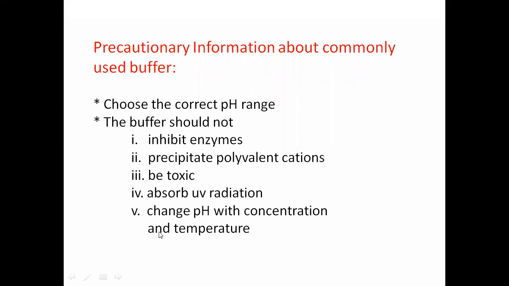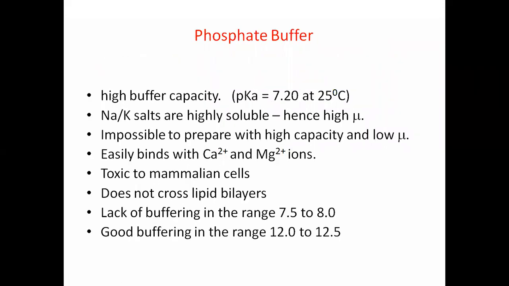So when a buffer is having all these characteristics, then that buffer is suitable to use in the biological systems. Now we are going to see some of the buffers and their important characteristics. First one is the phosphate buffer.